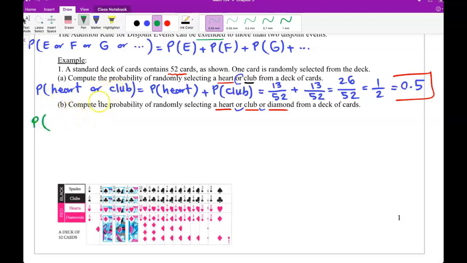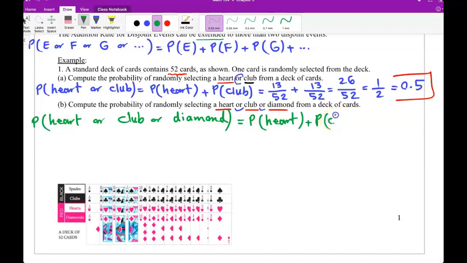Now instead of having 2, we have 3. So that is equal to finding each one individually and adding them.